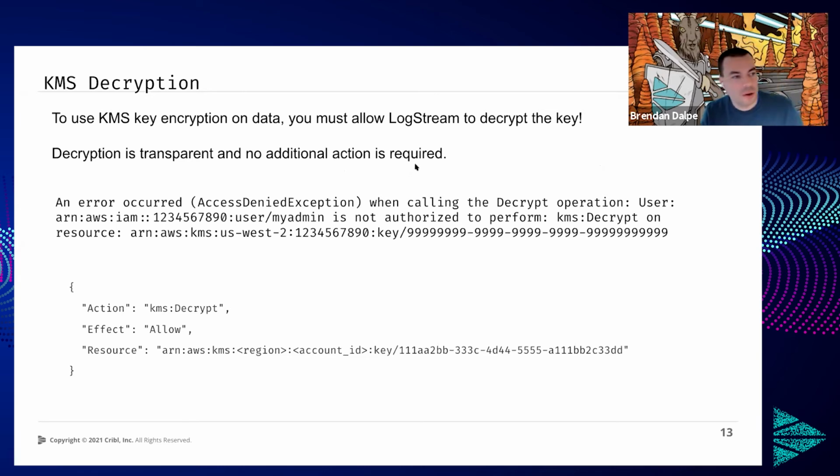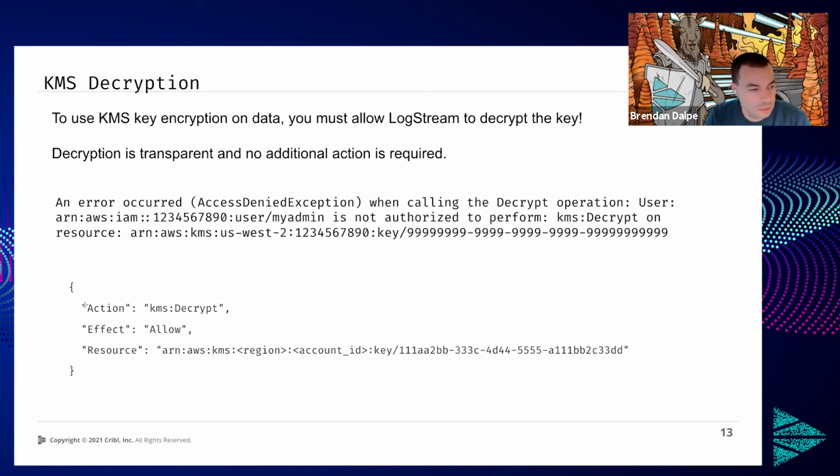So a call out here on KMS decryption. This applies to all of the AWS services: S3, SQS, Kinesis, and Kinesis Data Firehose. If you are encrypting that data, and this is specifically talking about customer managed or even Amazon managed keys, you will need to have the ability to decrypt that data.